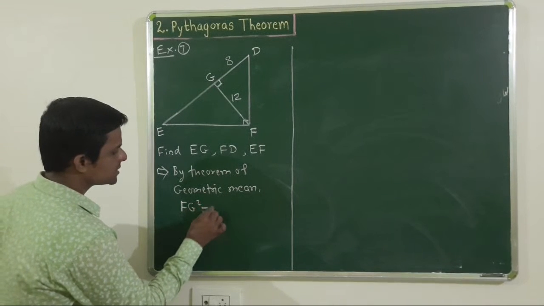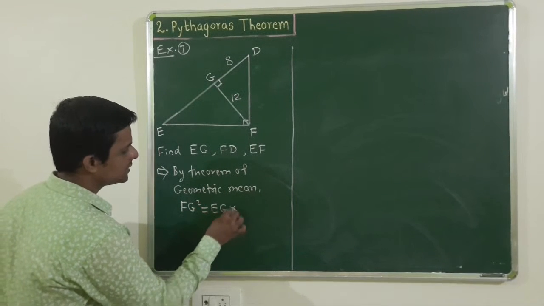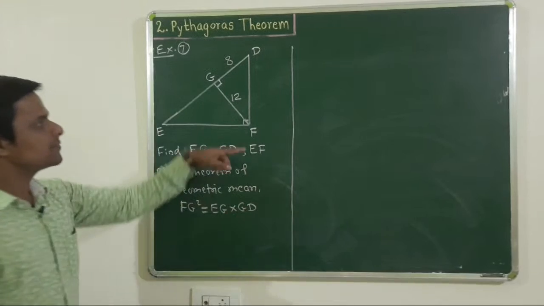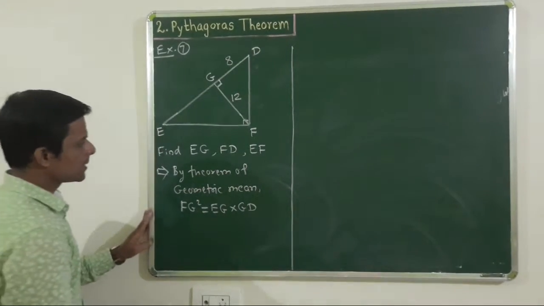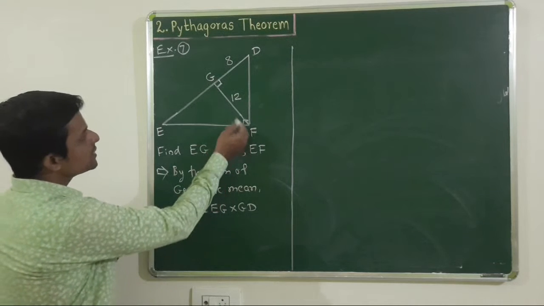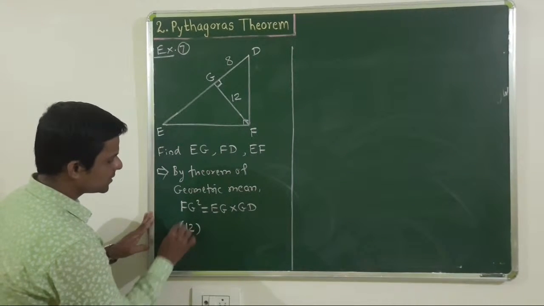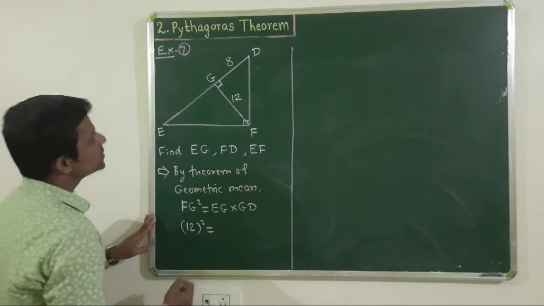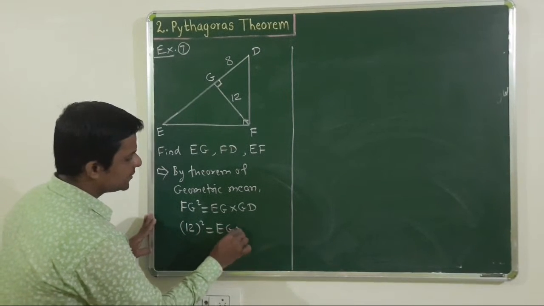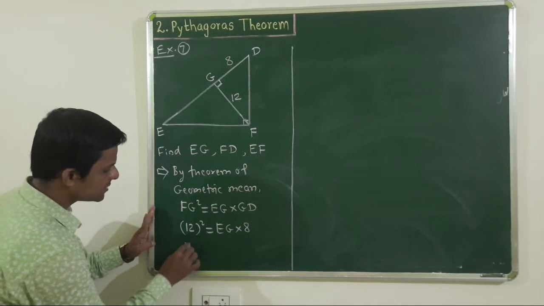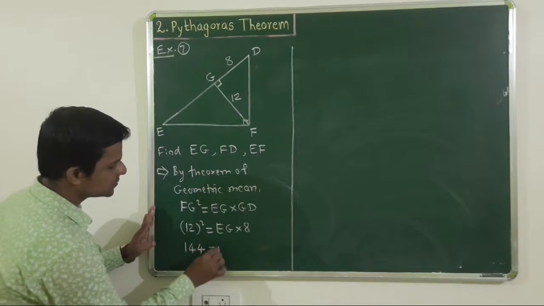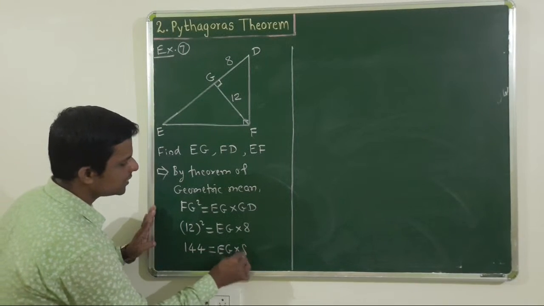But FG is given as 12. Therefore, 12 square is equal to EG, which we have to find, into GD, which is given as 8.